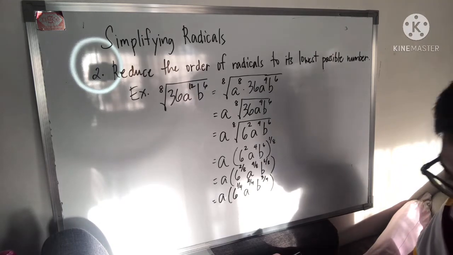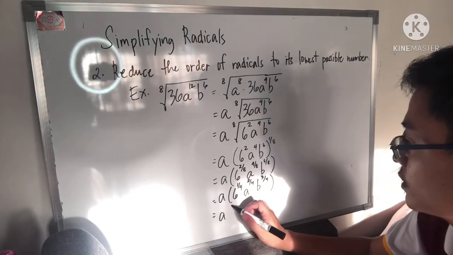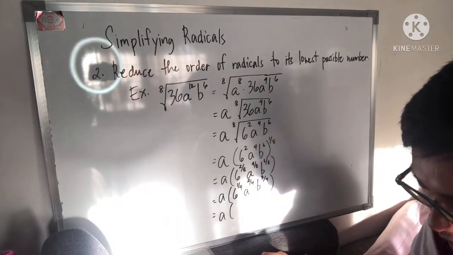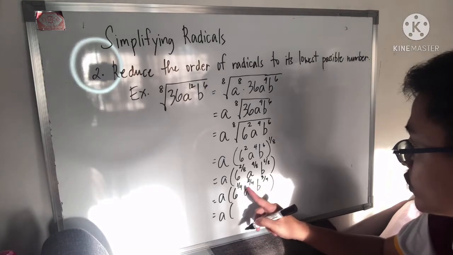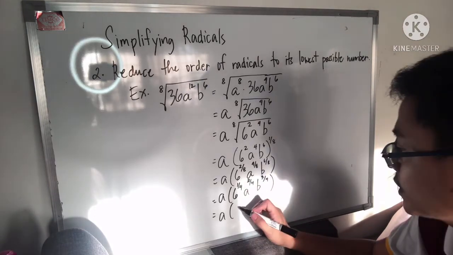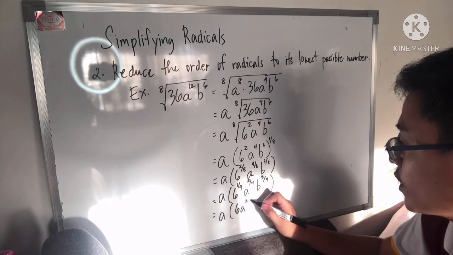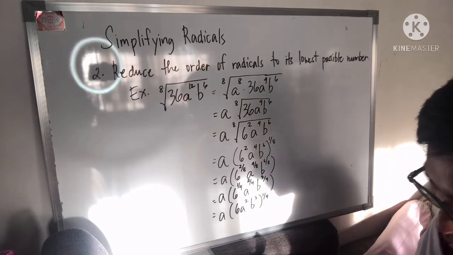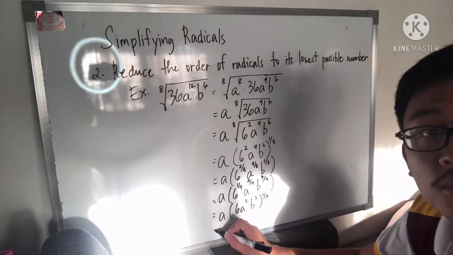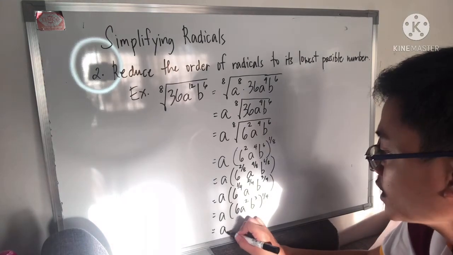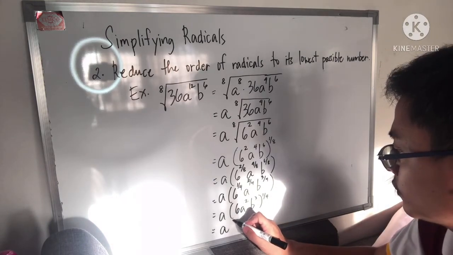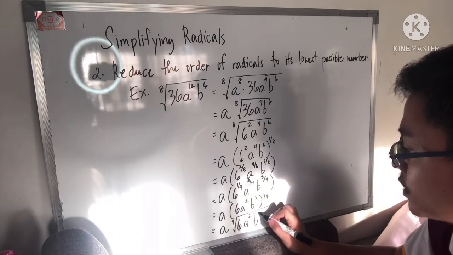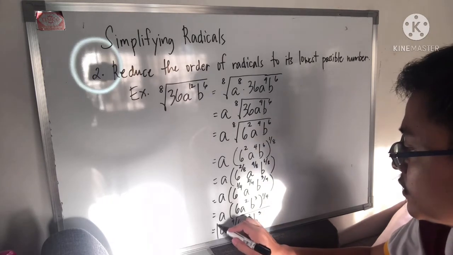So, we can write it now as a times, we factor out the 4. So, this becomes 6a squared b cubed raised to 1/4. So, the final answer will be a times the 4th root of 6a squared b cubed. So, that is the final answer.